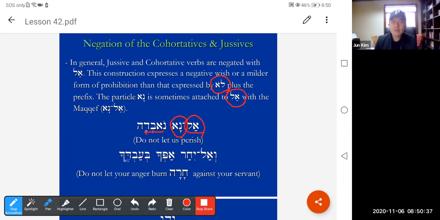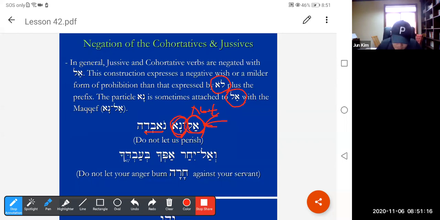And then al is for more about the situation of like temporary one, okay, and the specific one. So in order for us to have the concept of negation, normally the negative particle al is used. Okay, so as it is here, you can see that the negative particle al, which means not, and then na has something to do with the usage of cohortative or jussive. Okay, so you can still put the meaning of please or now.